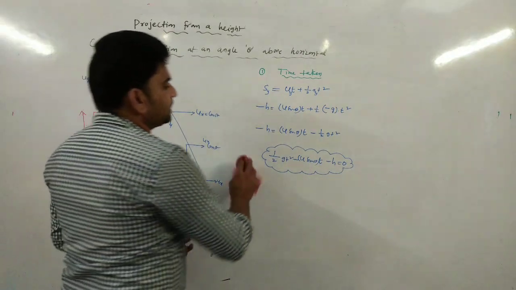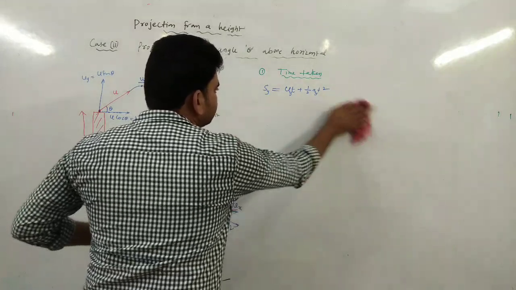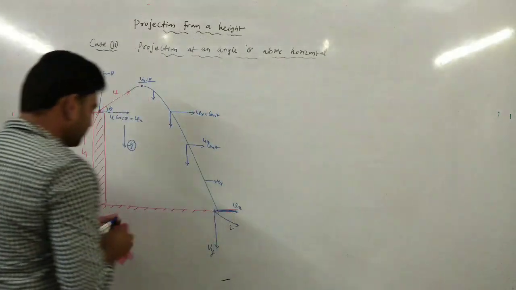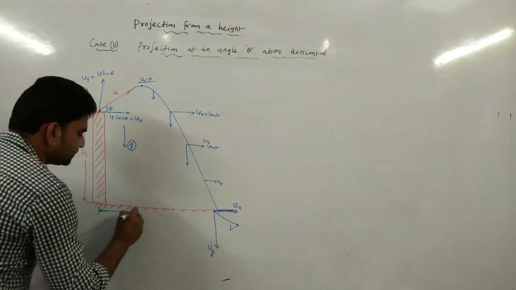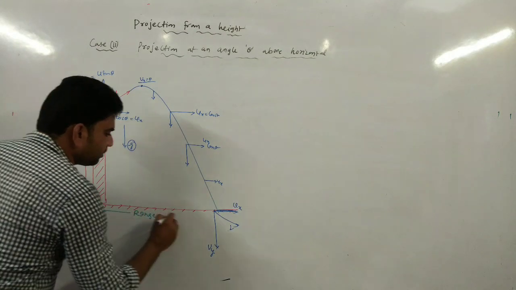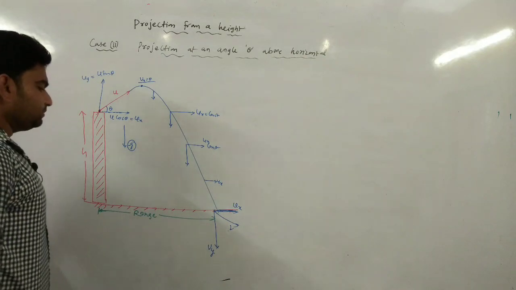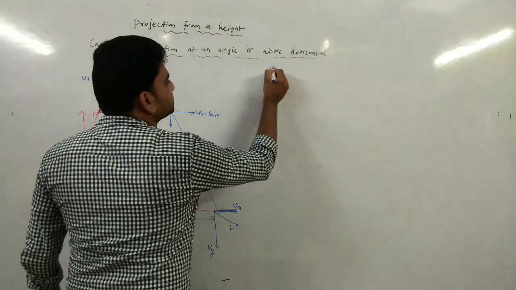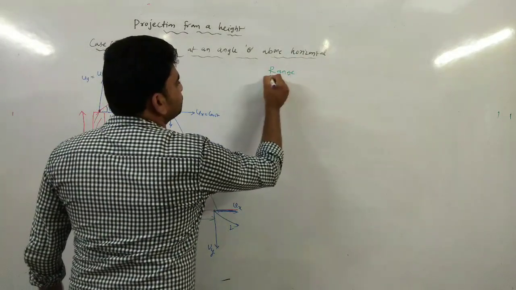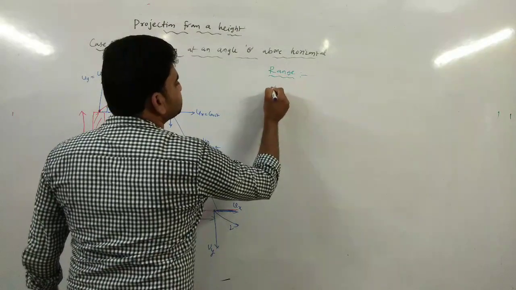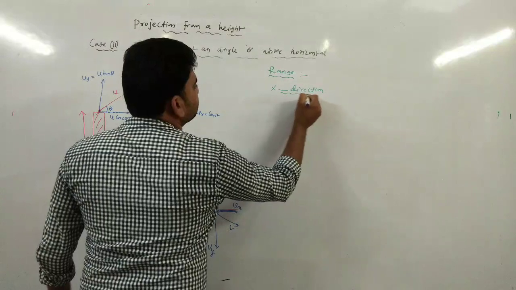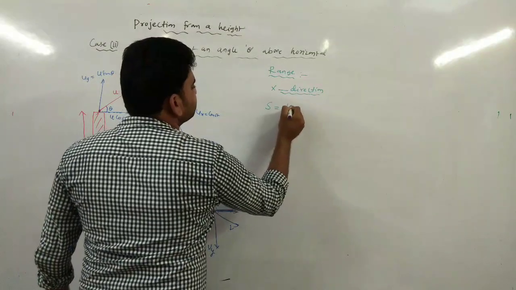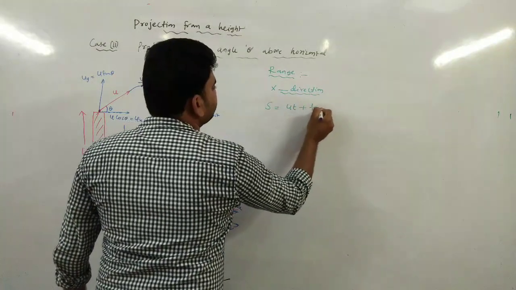And my second quantity is to calculate the horizontal range. What am I supposed to calculate? This distance, nothing but range, the horizontal distance traveled by the particle. To calculate the range, I am considering the x direction. We have an equation, s is equal to ut plus half at square.